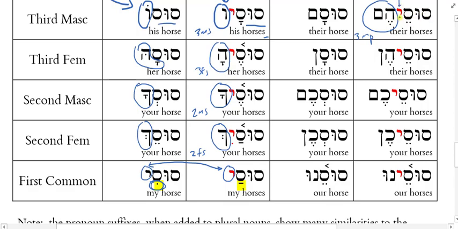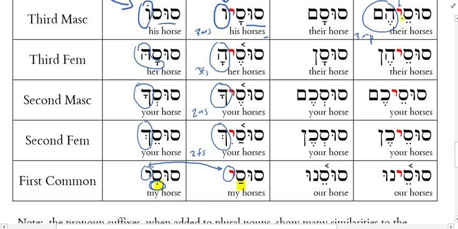I've got a yod before the hem, and of course you already know the hem ending here, don't you? We saw that with lahem. So this is not a new pronoun, okay? But when we compare it with their horse, it's susam. There's no yod before that, okay? So you can tell the singular versus the plural form here in both the pronoun used and the fact that this one has the yod.